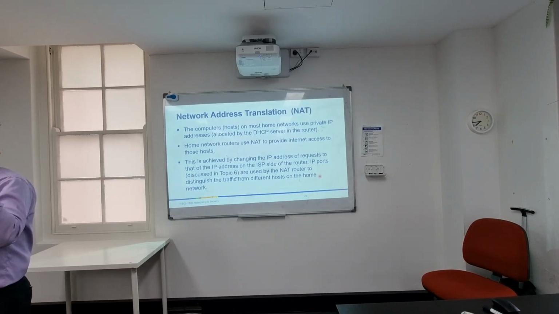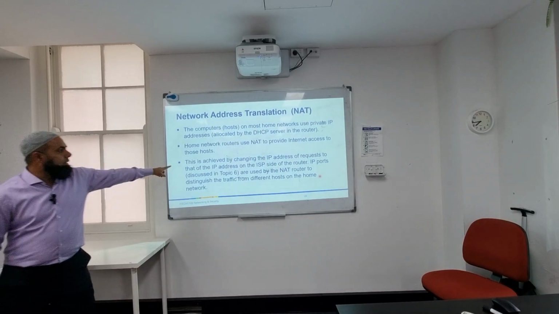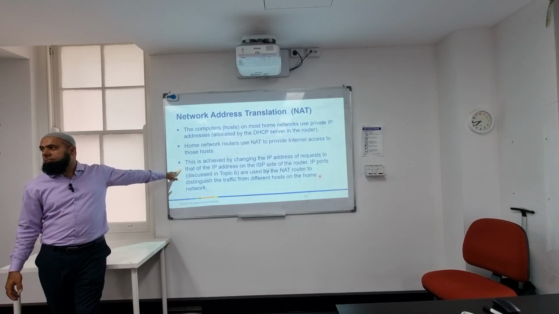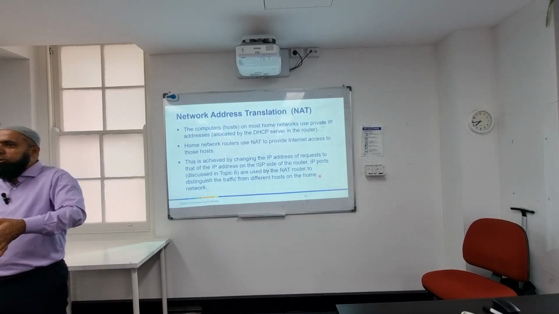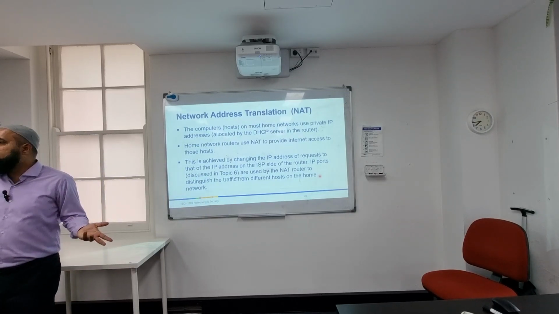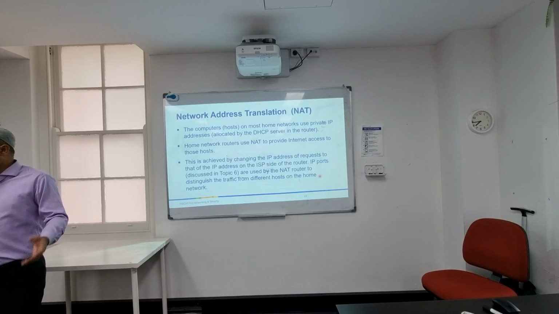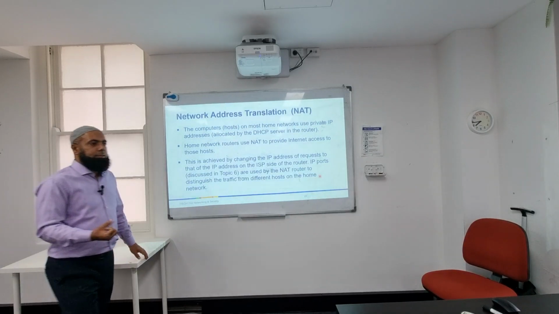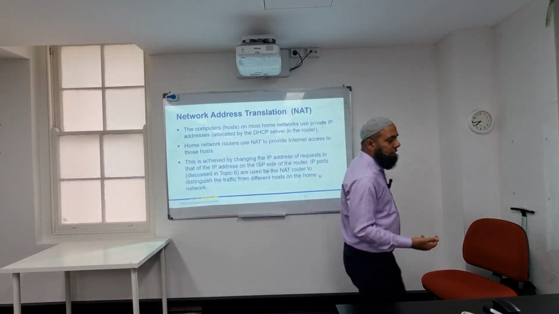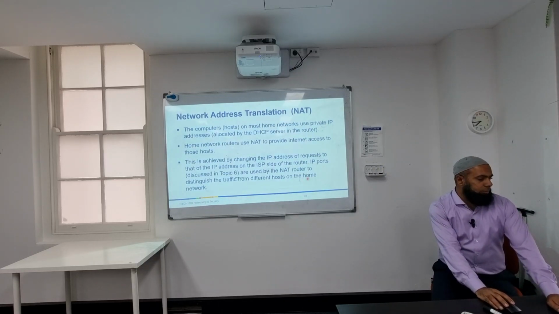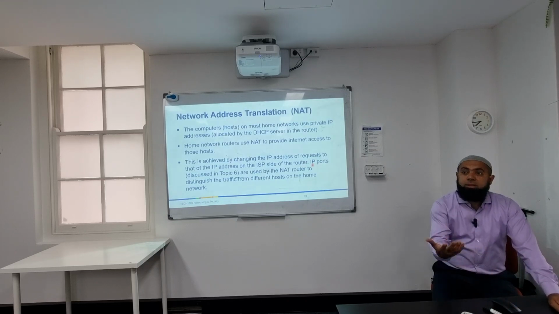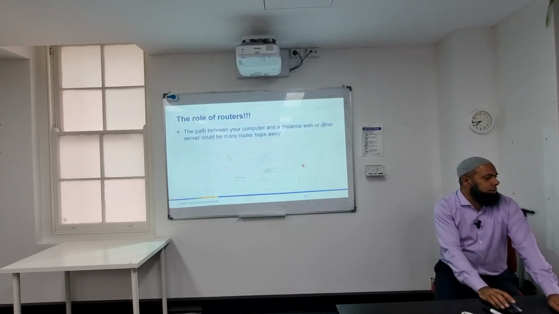That's the job of Optus, to change the IP address of that request to the public one, because as soon as it's going into the public network, it doesn't know what that is. It only knows the public IP address, not the private IP addresses. So in that way, it is able to distinguish the traffic from different hosts on the home network. We'll see this one more in detail in topic 6. So this is a question for next week now.